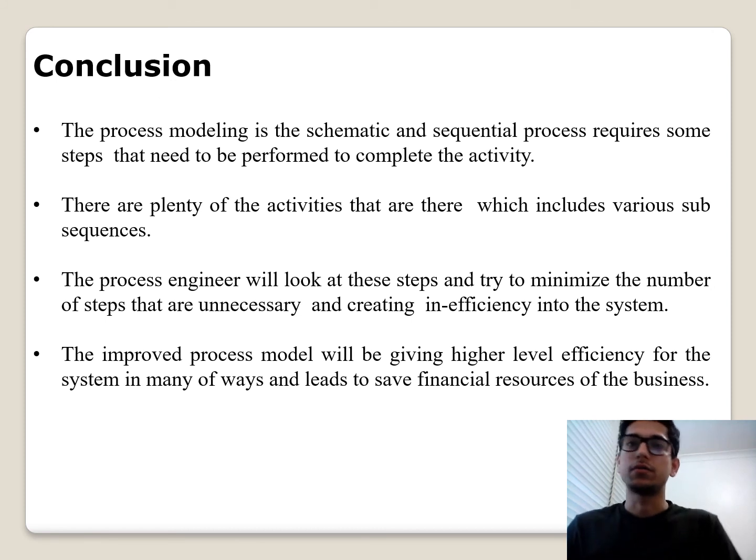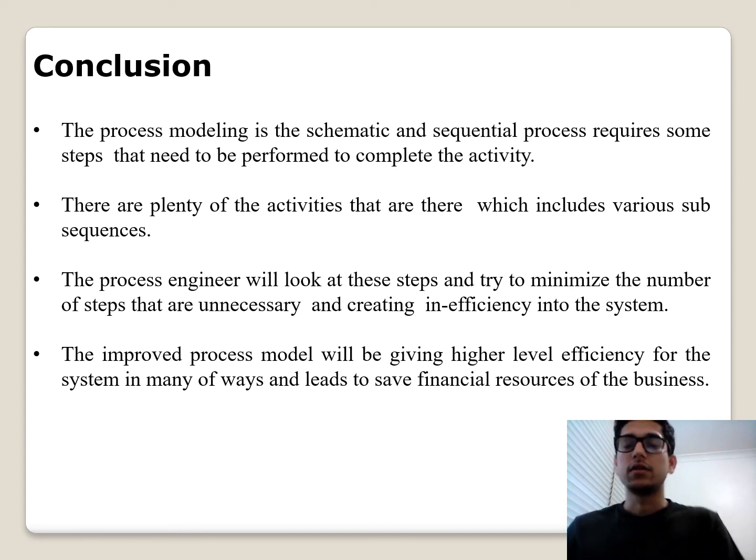Concluding the whole process, the process model is a semantic and sequential process which requires some steps that need to be performed to complete the activity. Here all of the activities are divided into sequences, and the sequences are further divided into subsequences, so that all of the processes can be run simultaneously at the same time.